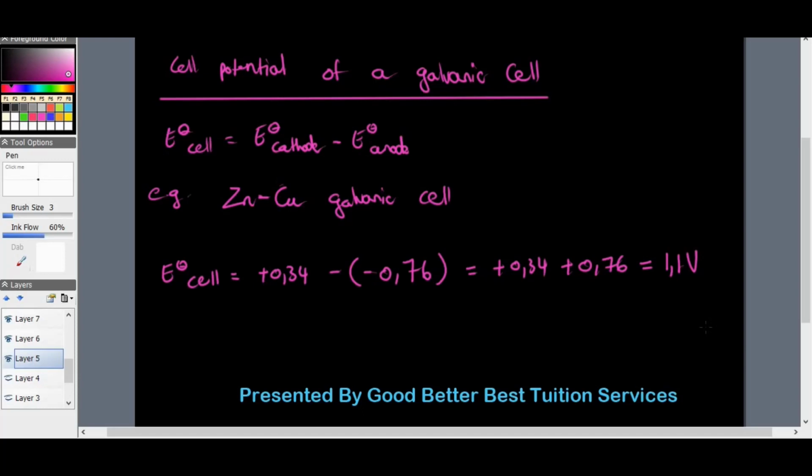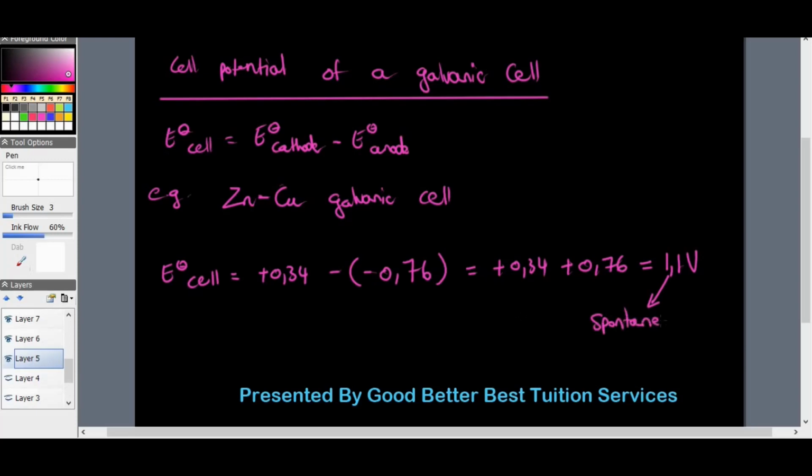Remember that if we're going to calculate this value, it must be conducted under those three conditions. Now, we can see that the value for the cell potential is positive. What does that mean? A positive value means the reaction will take place spontaneously.